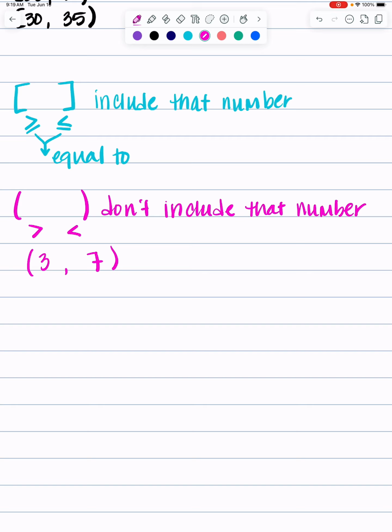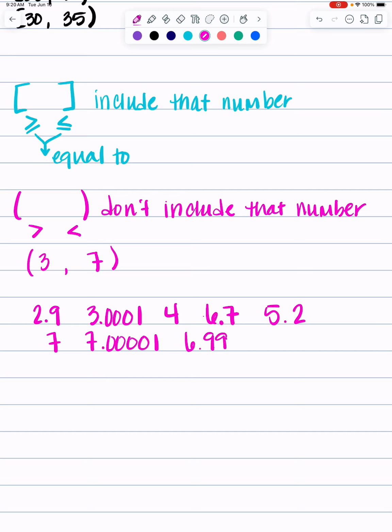Maybe you have numbers like 2.9, 3.001, 4, 6.7, 5.2, 7, and 7.00001, and let's, just for grins, we'll throw in that guy.